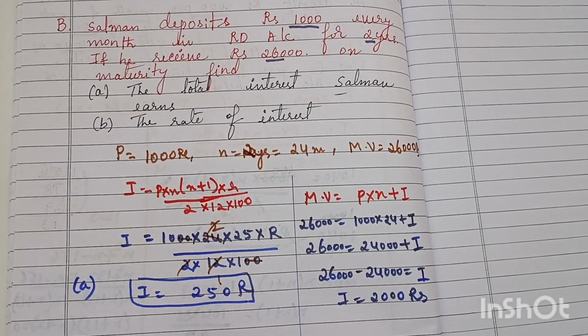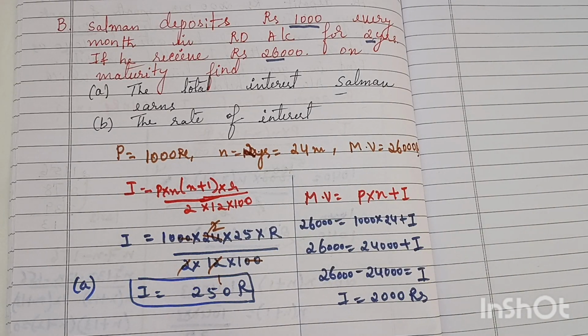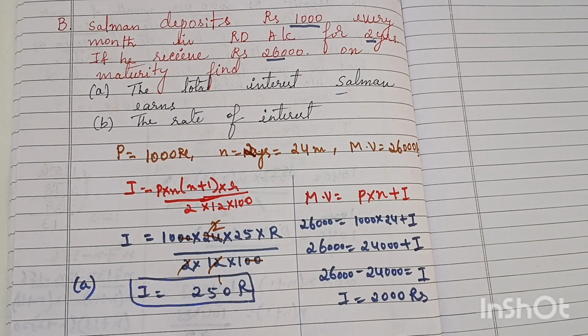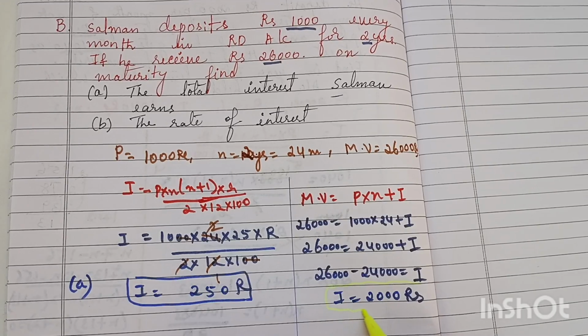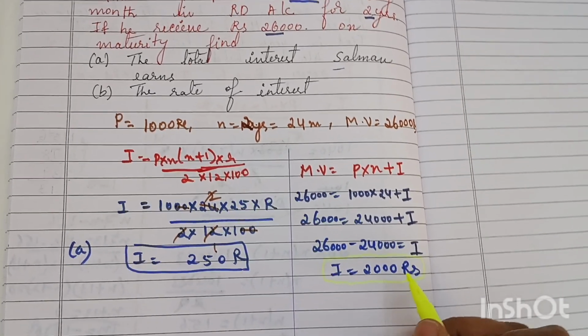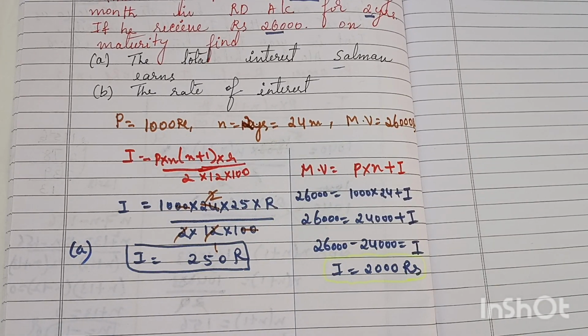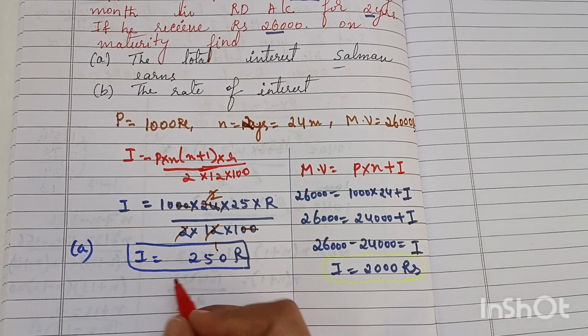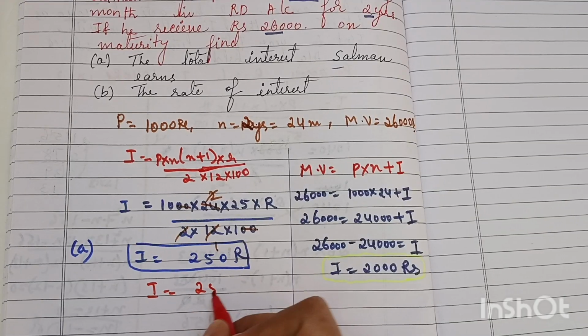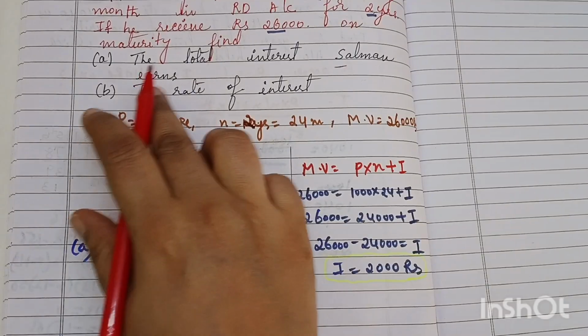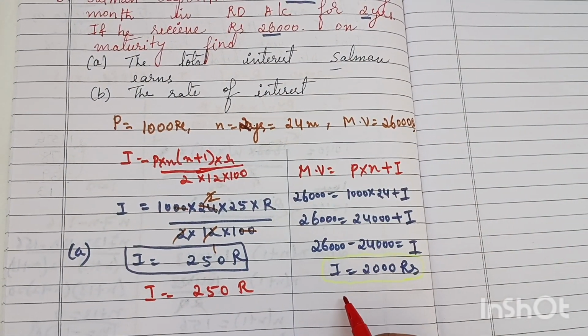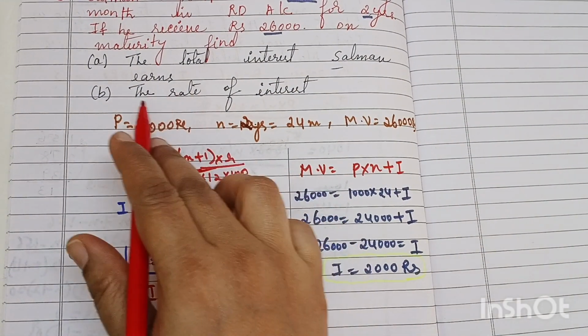So every month after deposit, the amount we get as interest is 2,000 rupees. Now here we'll simplify the interest value. Here interest equals 250 R. So the first one, total interest Salman earns, is 2,000 rupees. Now we have to find the rate of interest.